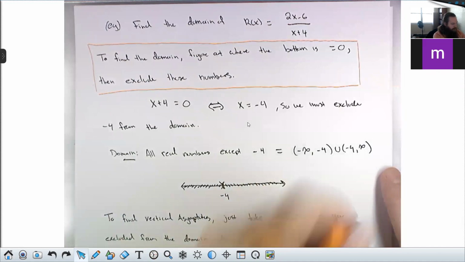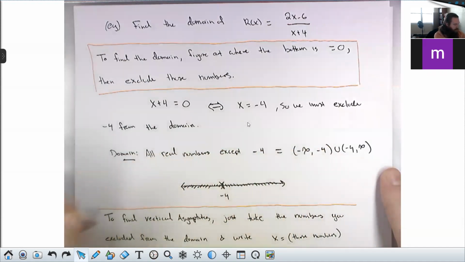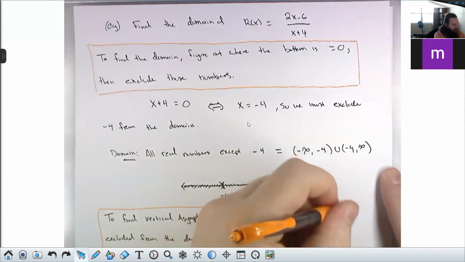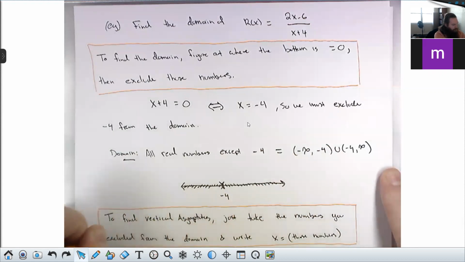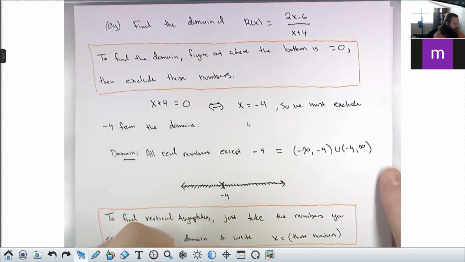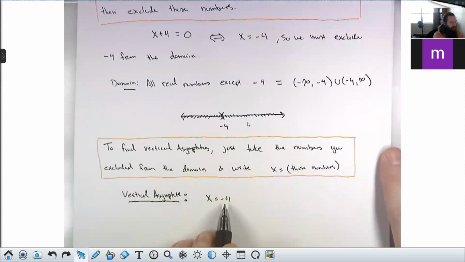So for example, the function that we're looking at here, we found that the domain was all real numbers except for x equals -4. So here, our vertical asymptote is just the vertical line x equals -4. And it will always be x equals a constant.